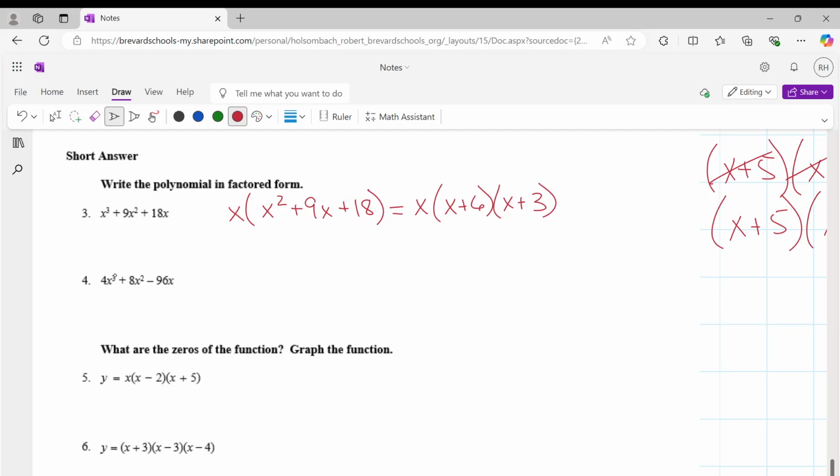In problem number 4, each term in this trinomial has a 4x in it. So we're going to factor out a 4x.